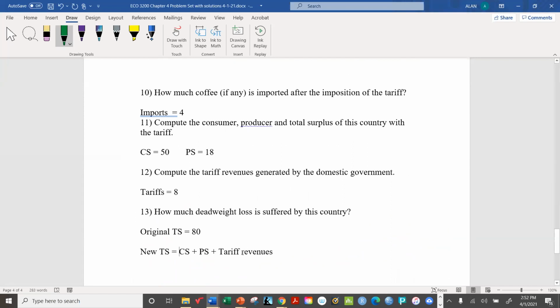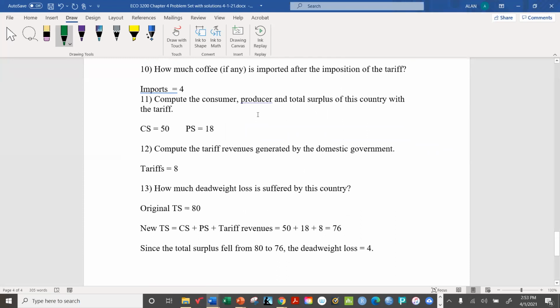And so again, we have 50 plus 18 plus 8 equals 76. Okay, so therefore, since the total surplus fell from 80 to 76, the deadweight loss is $4 million.